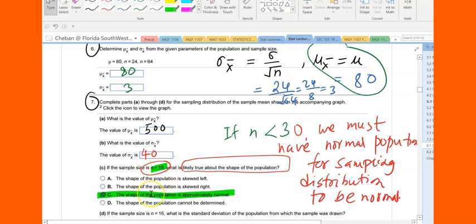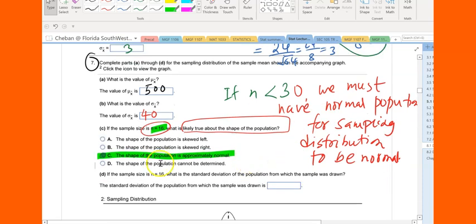But if you pick a sample size bigger than 30, it doesn't matter if the population is normal or not normal, the sampling distribution is always going to be normal. Therefore here the answer is C.